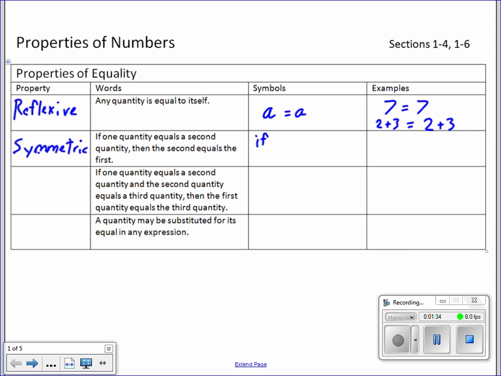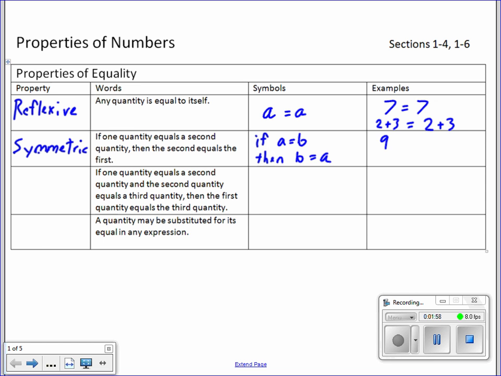If A equals B, then B would equal A. Okay? Anytime A equals B, then B is always going to equal A.